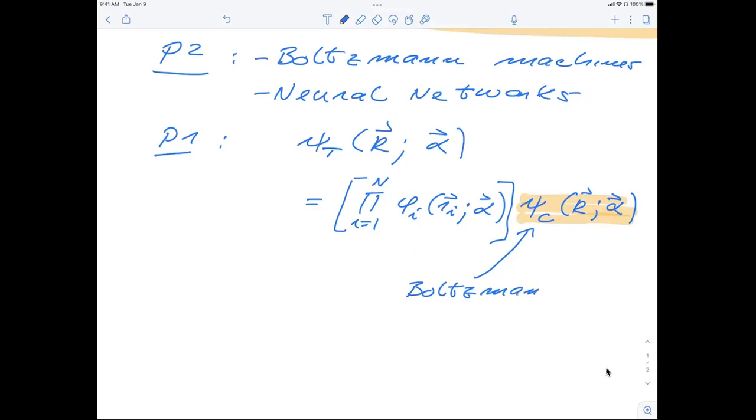This is actually a Boltzmann probability, but we are going to label it Boltzmann machines to stay in tune and in sync with the deep learning language, or we can replace this one with a neural network. So I'm going to use an acronym NN for neural networks. So this is a neural network. And we are going to discuss how to do that after the break.